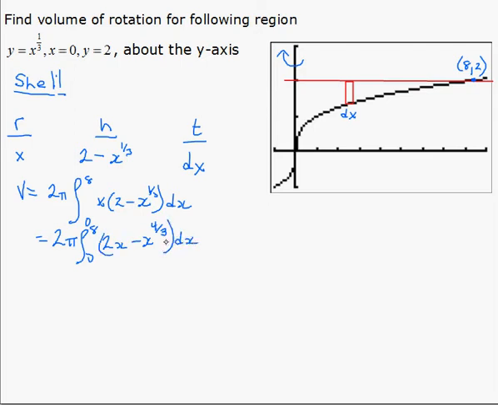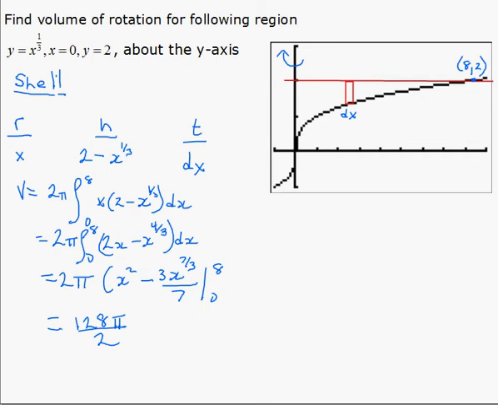And integrating gives us x squared minus x to the 7 over 3 times 3 over 7, evaluated from 0 to 8. Substituting those values in then gives us 128 pi over 7.